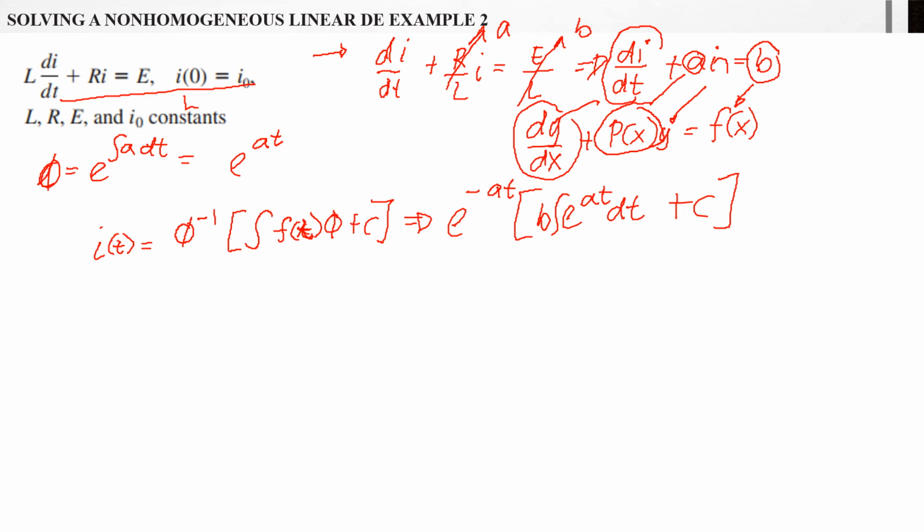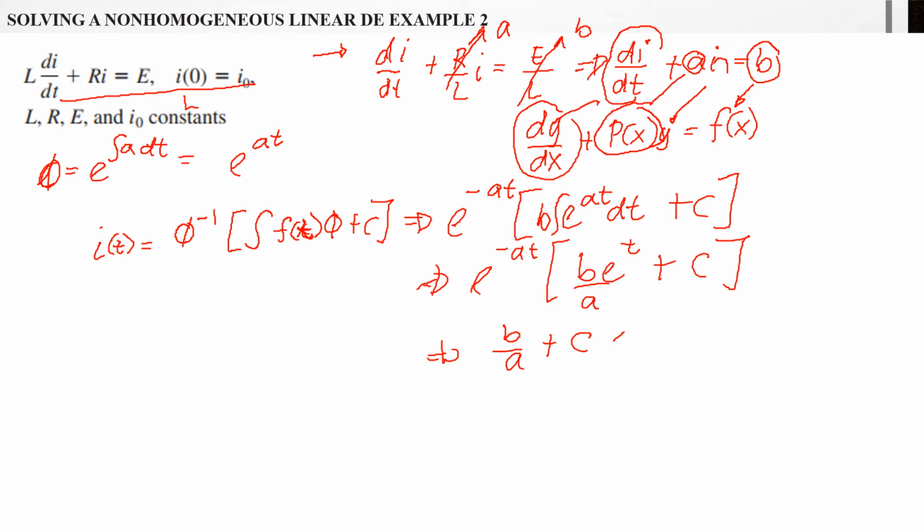So that means we have e^(-At) times B e^(At) over A plus c. So we multiply, we distribute, B over A plus c e^(-At).